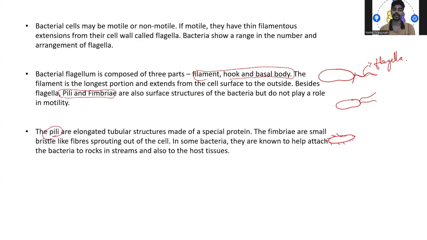The pili are elongated tubes made of a special protein. The fimbriae are small bristle-like fibers sprouting out of the cell. In some bacteria, they help in attaching to rocks in streams and to host tissue.